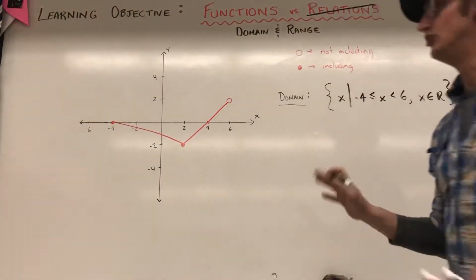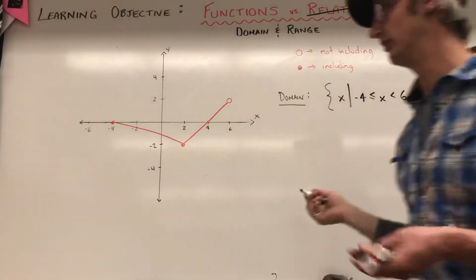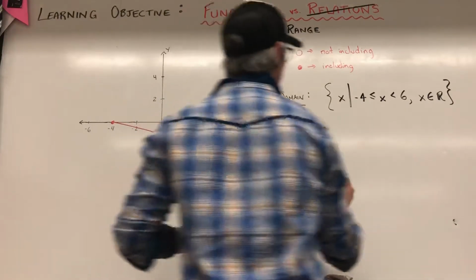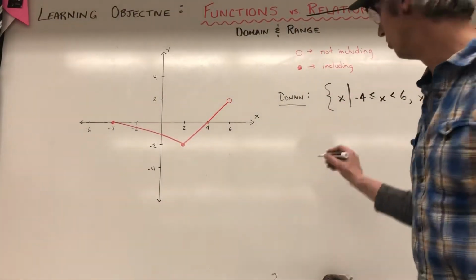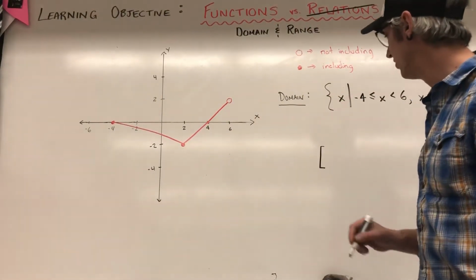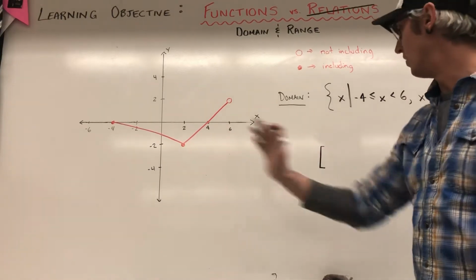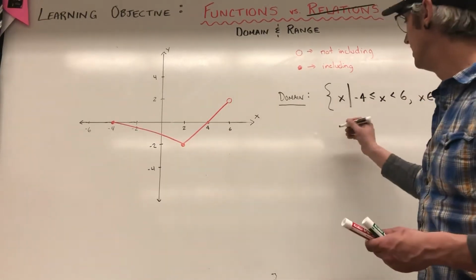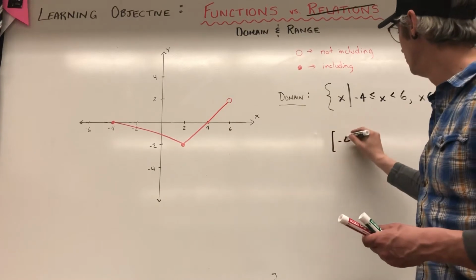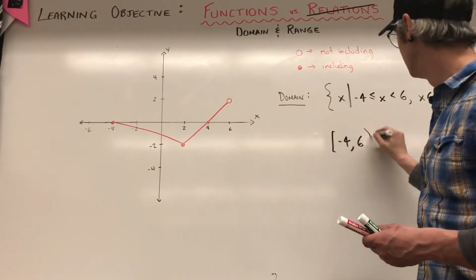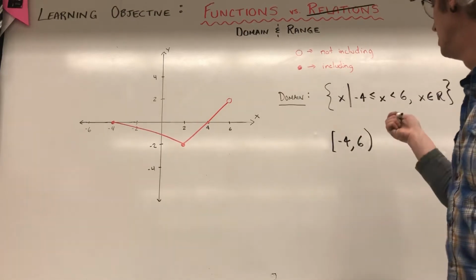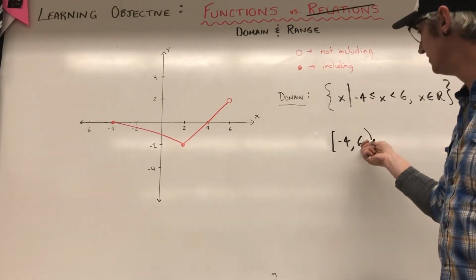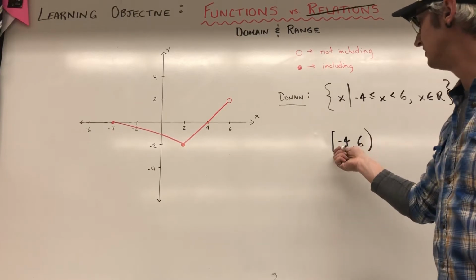The other way I can do this is using brackets. If I use square brackets, this is going to be the low end. I would represent this one like this: [-4, 6). A round bracket means it's not including this number, and the square bracket means it's including this number.